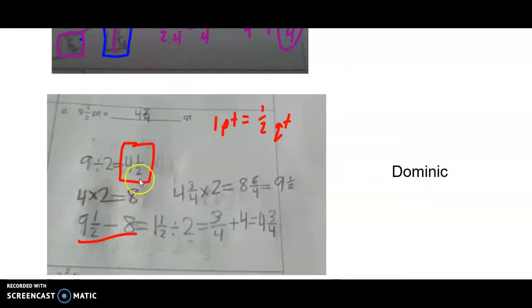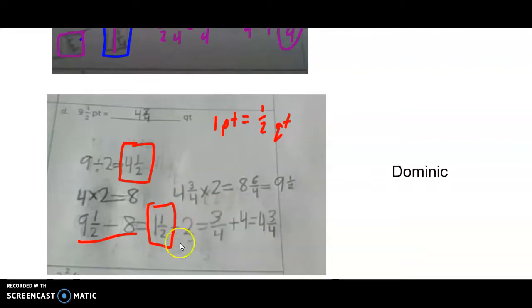A little out of the ordinary, but it certainly works to figure out that he used 8 of the 9.5 pints. So when you subtract, he's left with 1 1/2 pints left over that he needs to cut in half. So he cut those in half and divided it by 2.